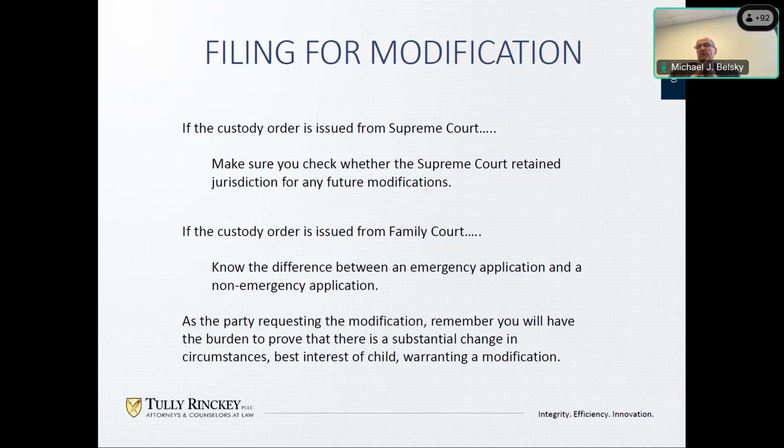All right. Also, what you want to look at is when you get these papers, the amount of space they give you to write, you're lucky if you can write 2 sentences. So I always tell my clients, if you're going to do this yourself, and it says, what has been the substantial change in circumstance?